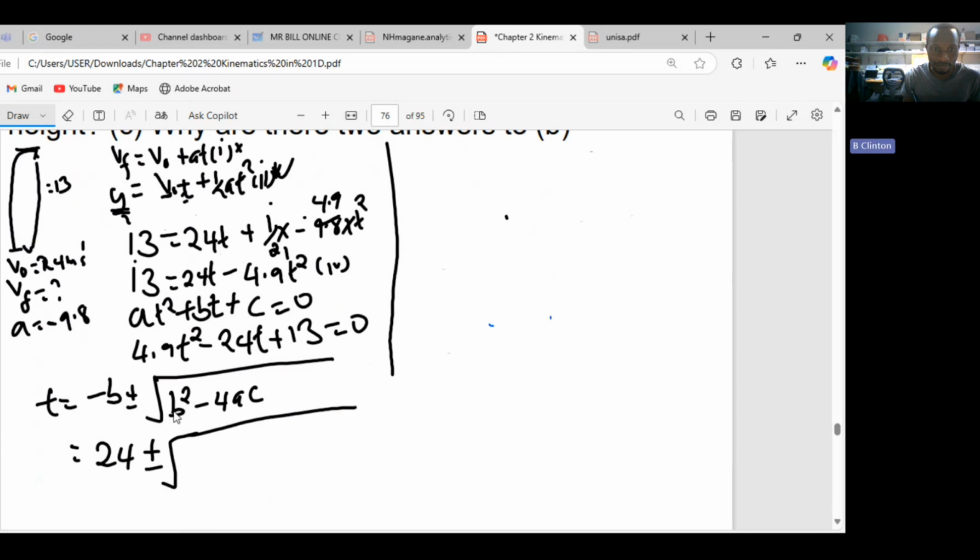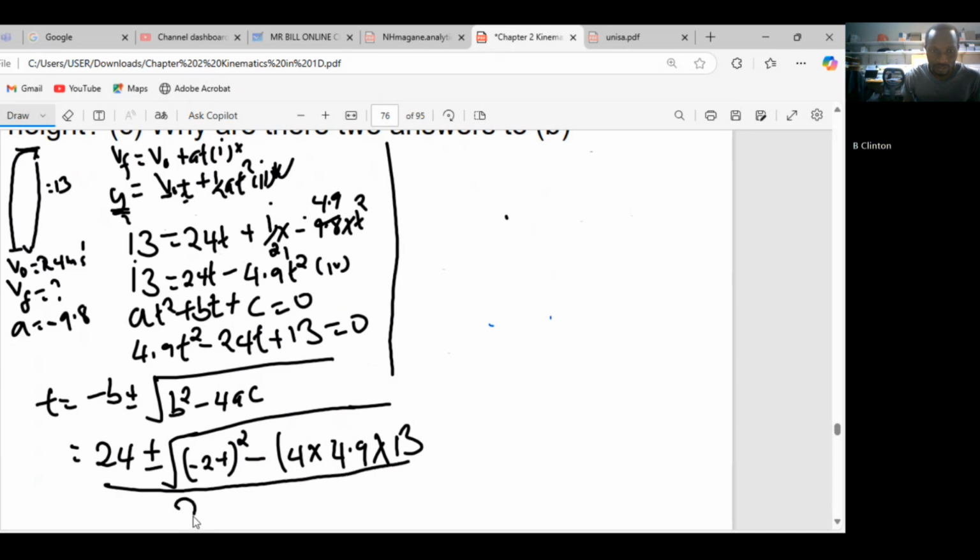So b squared is minus 24 squared, minus 4 times a, and our a is 4.9, times c, and our c is 13. Everything under root, over 2 times a, and our a is 4.9.